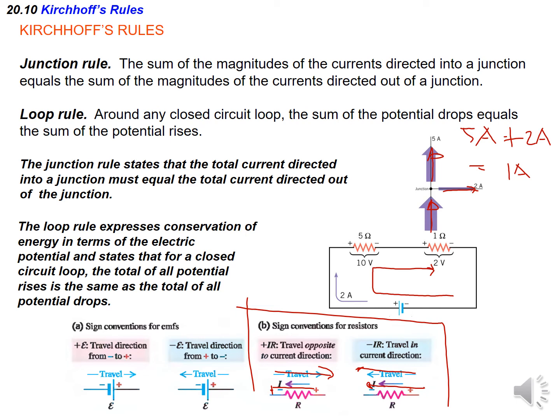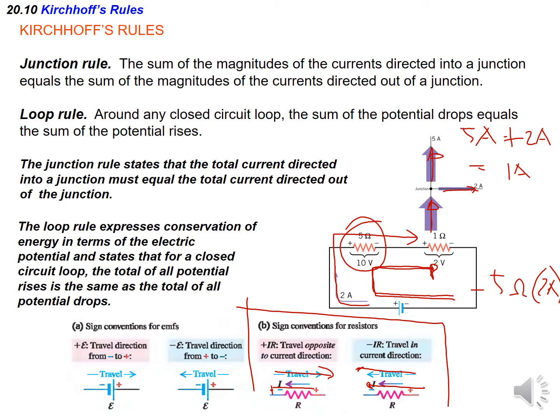In our case here, the direction of current is this one, and the set direction of travel is also here. So they have the same direction, meaning the value of IR is negative. So to get the IR here, that's simply 5 ohms multiplied by 2 ampere, and that is negative because they have the same direction.